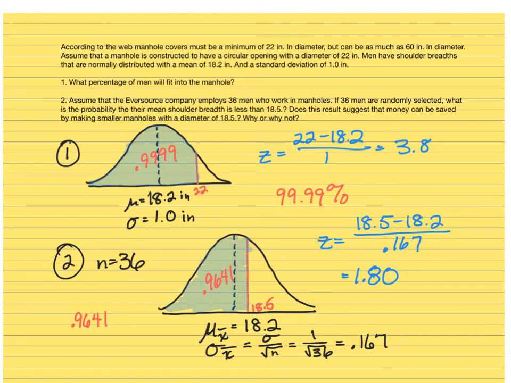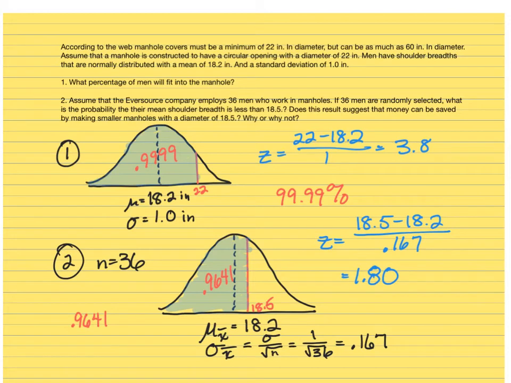But if you use the smaller one, where the diameter is 18.5, then you're only using 268 square inches. So you've saved basically 110 square inches, and if you're paying for iron or steel by the square inch, you're cheaper.